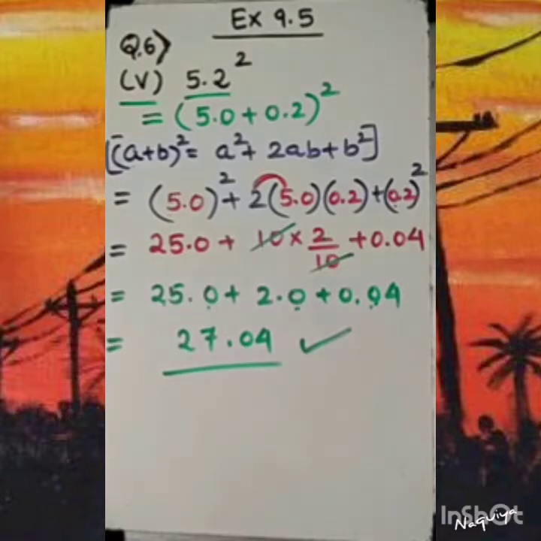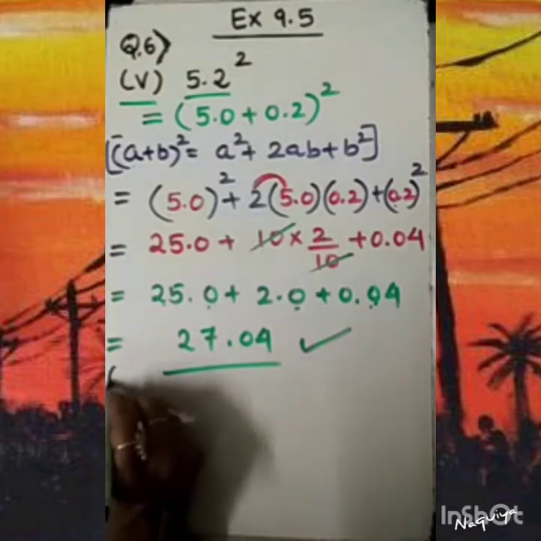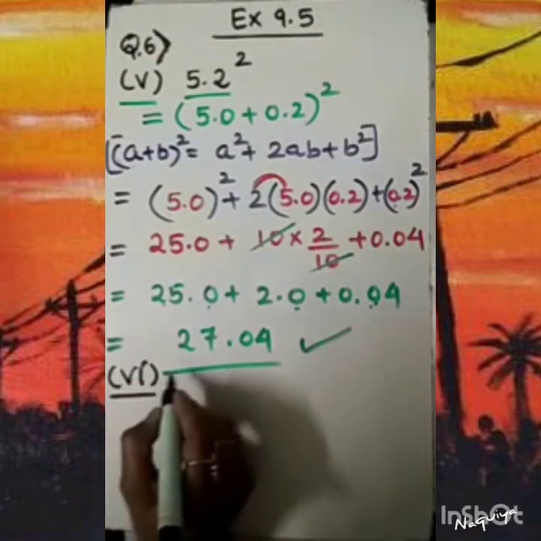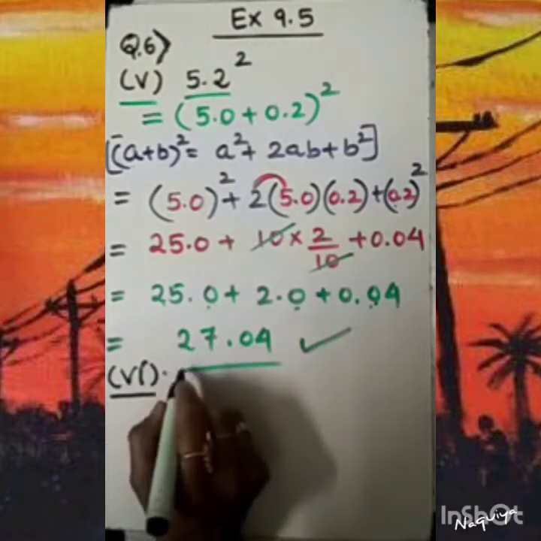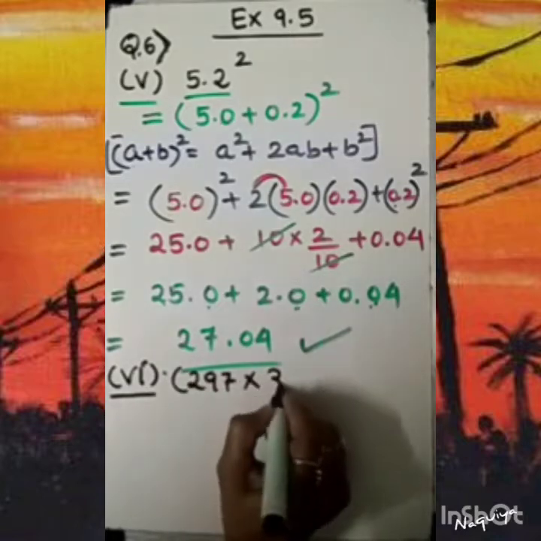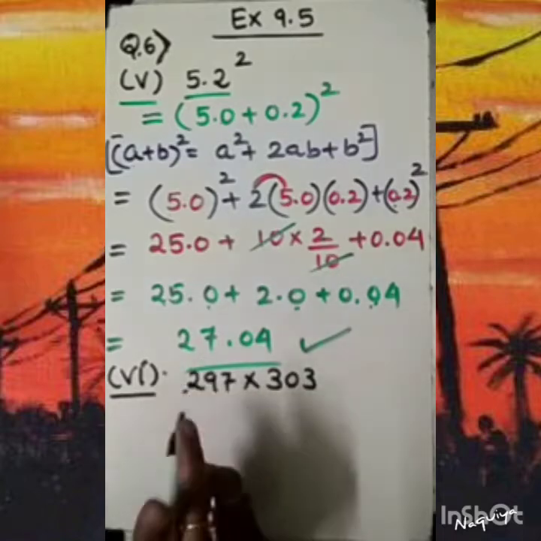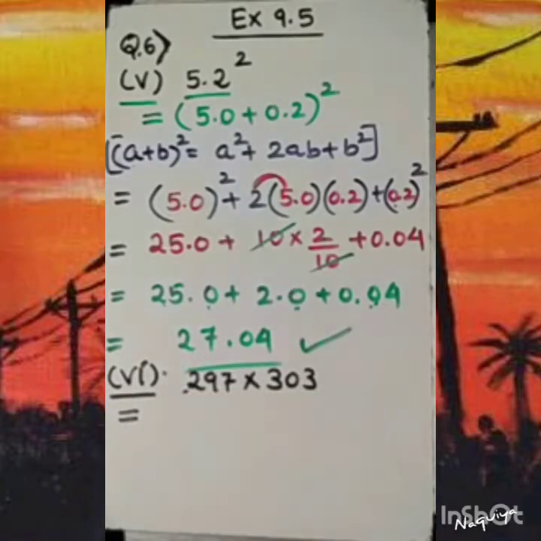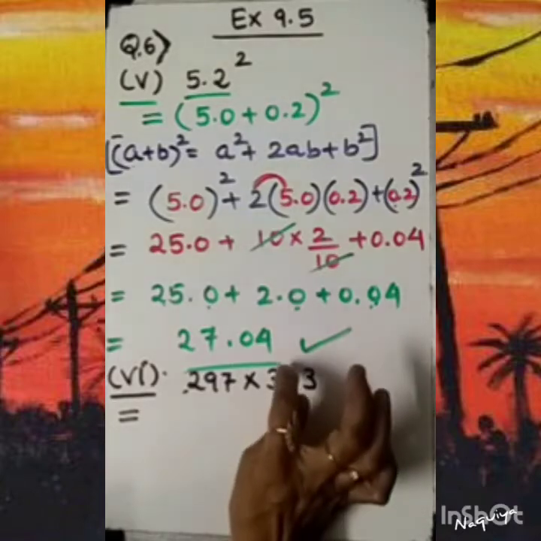Okay. Now for the next question, that is the sixth question. What is the question? The question is 297 multiplied by 303. This is the question we are given. 297 into 303. Okay, so how to solve?